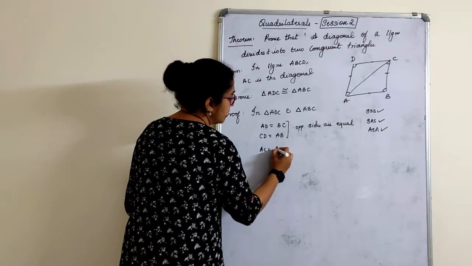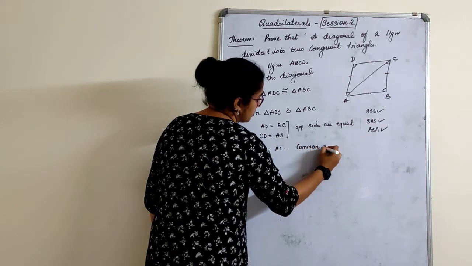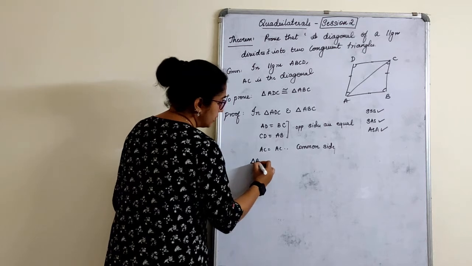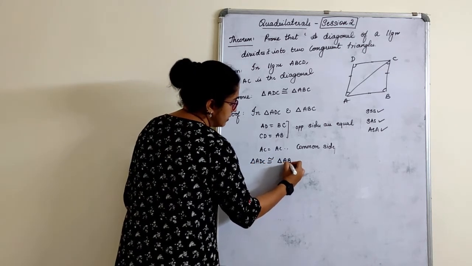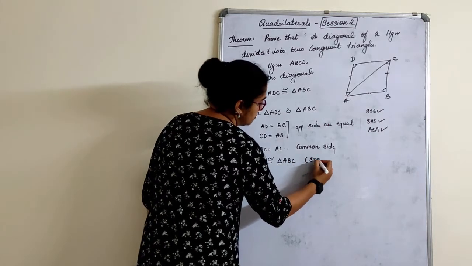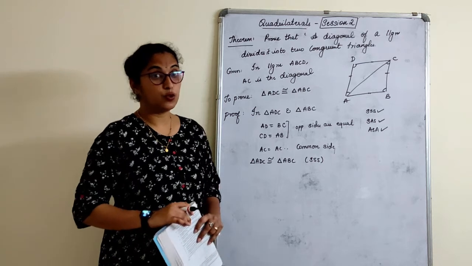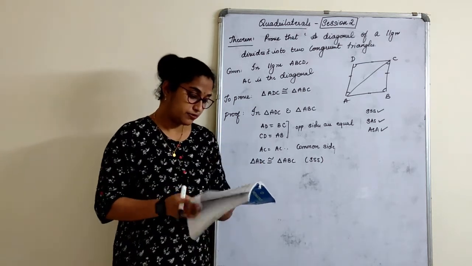AC is equal to AC, common side. Therefore triangle ADC is congruent to triangle ABC by SSS congruency rule, right? So in all three different rules we can prove it. We'll quickly move to the exercise here.